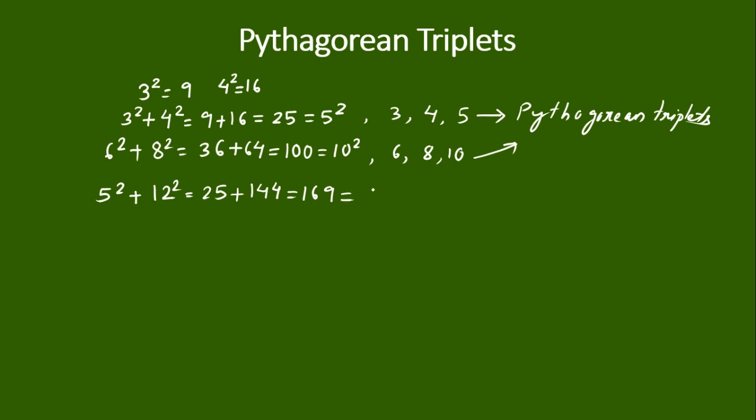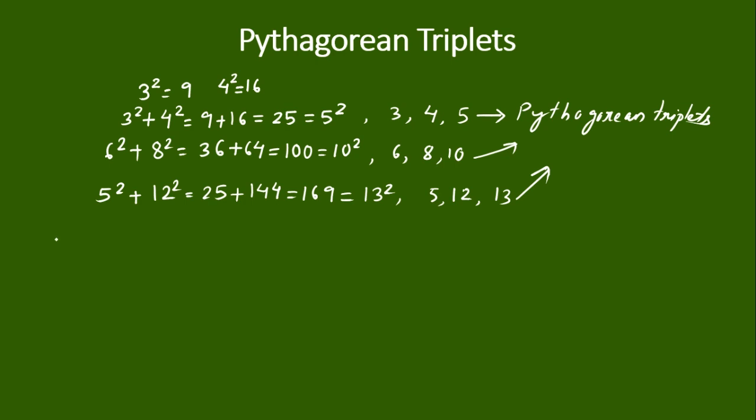So 169 is equal to how much? That is 13 square. So again I can say this 5, 12 and 13 are also Pythagorean triplets.